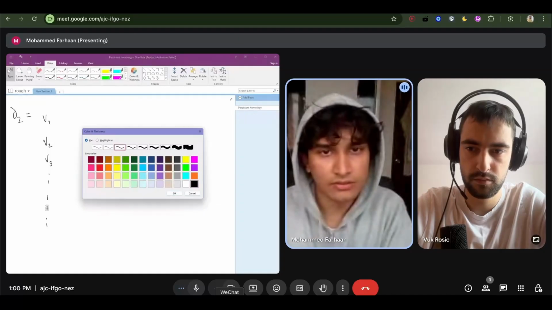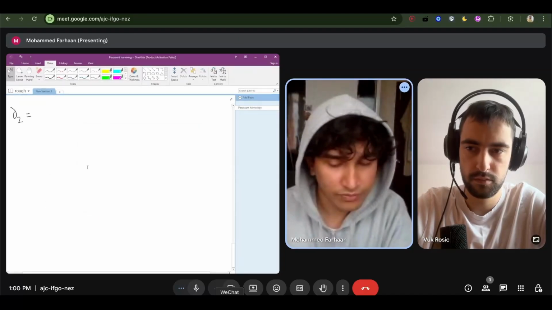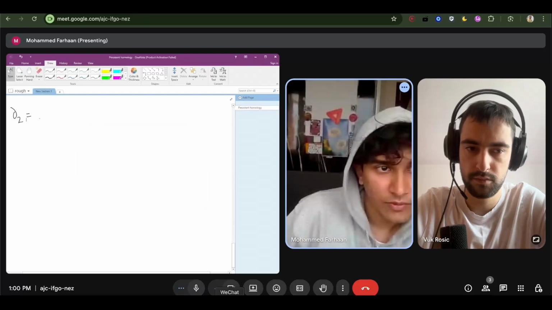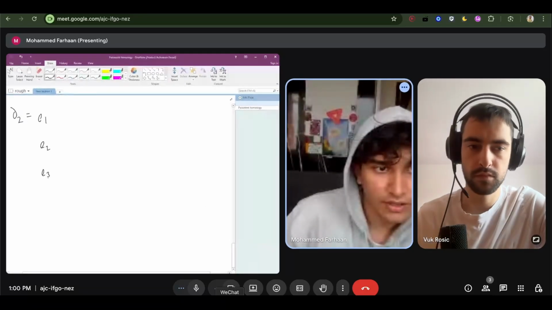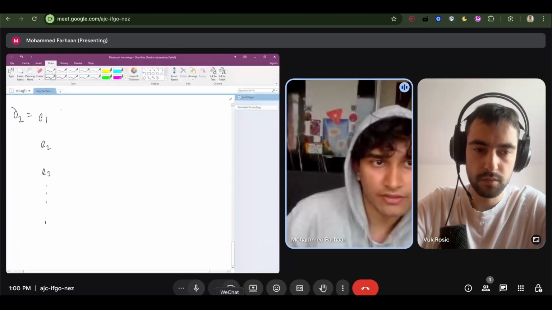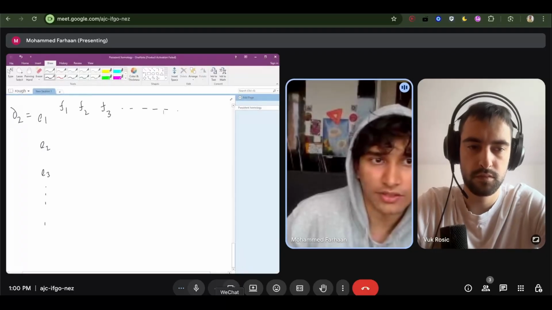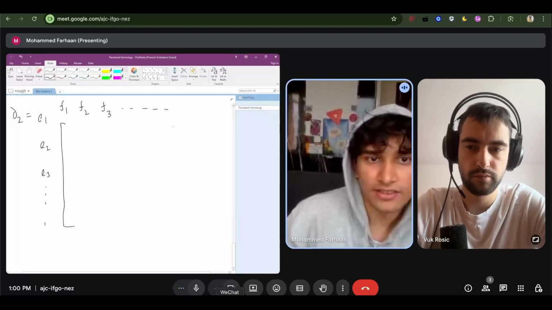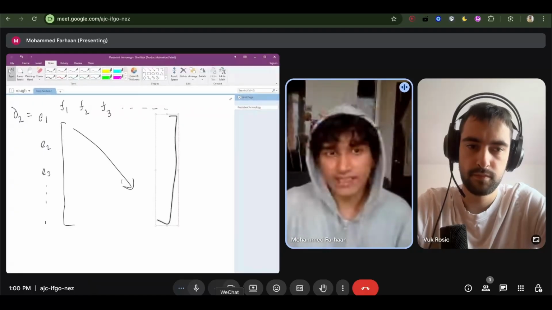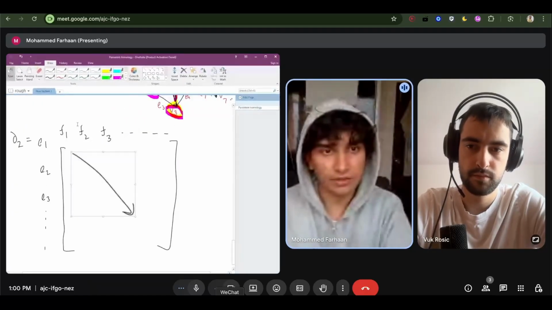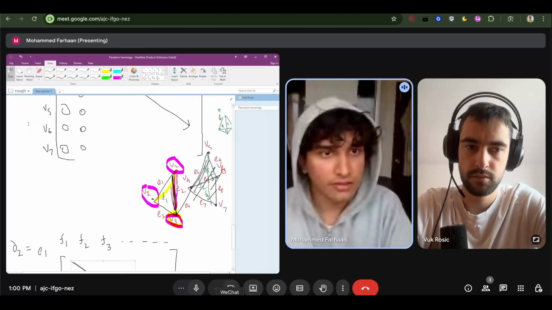It was edge 1, edge 2, edge 3, and so on, all the way. And then we have F1, F2, F3, and so on. And we fill this matrix. Similarly, referring to the diagram. And basically what I want you to notice is over here, oh, where did it go?